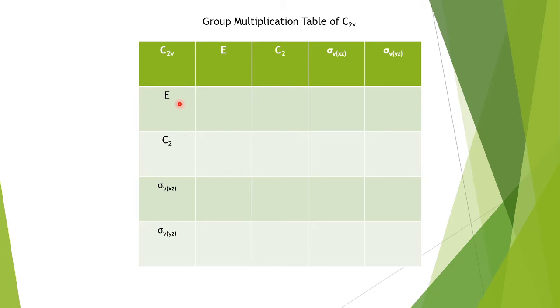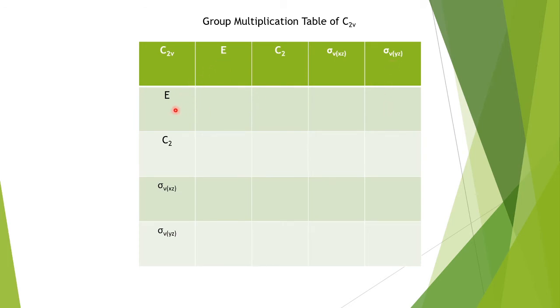We have learned the rules in a group. There is one element which will commute with all the other elements and leave it unchanged. So multiplication by E gives us the same element. So E into E will be E, E into C2 will be C2, E into sigma V XZ will be sigma V XZ, E into sigma V YZ will be sigma V YZ.